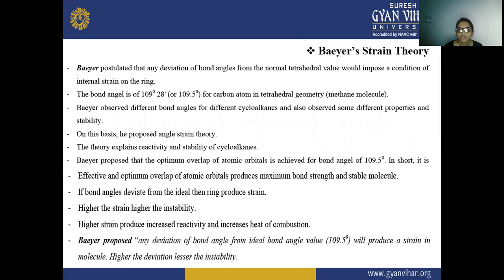So, first of all, the Bayer strain theory. Bayer postulated that any deviation of bond angle from the normal tetrahedral value would impose a condition of internal strain on the ring.